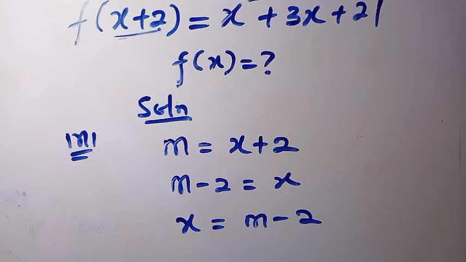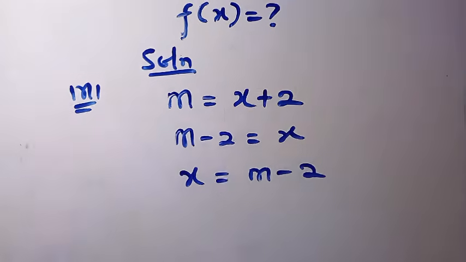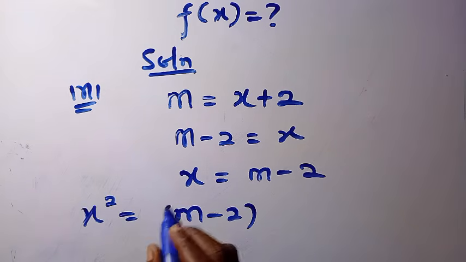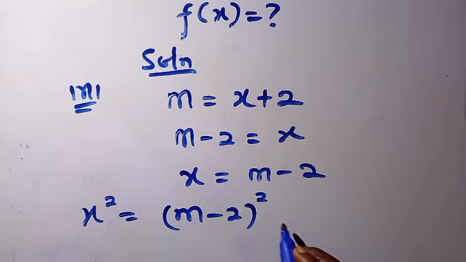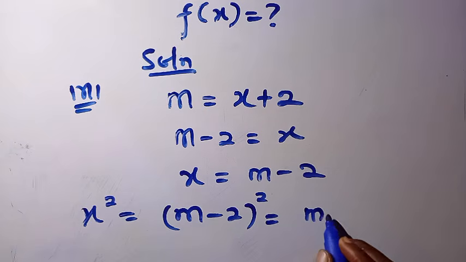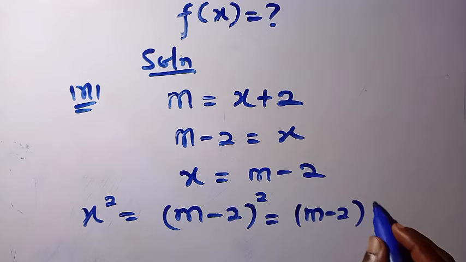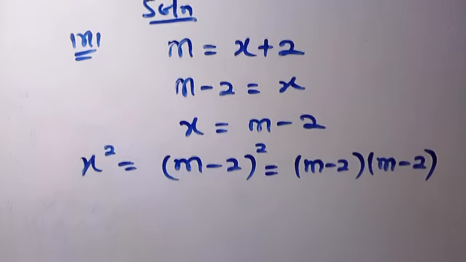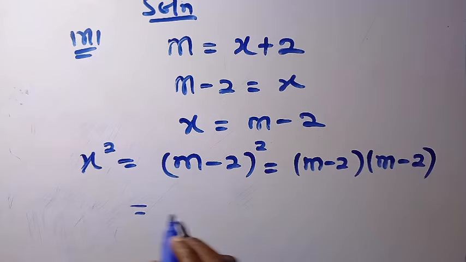Looking at the other side, we have x squared plus 3x plus 21. We need to know x squared, so we are going to square m minus 2. This gives us m minus 2 multiplied by m minus 2. Let's multiply this out.